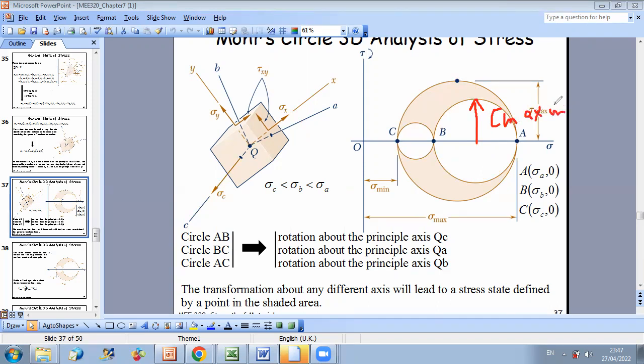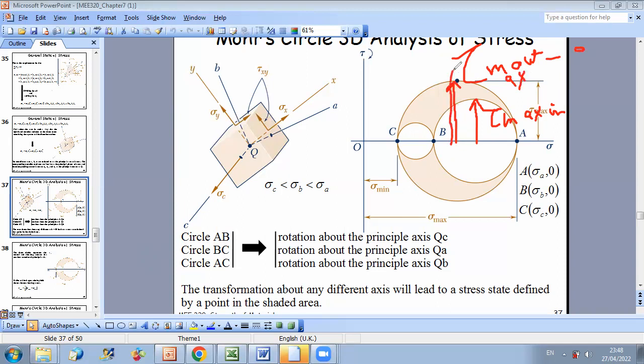But if I ask you what is the maximum shear stress without saying in plane, you should take the maximum stress that is possible to obtain if you rotate about any axis, and then you can say here that the maximum tau max out of plane, it's not in plane AB. Here the maximum stress is in plane AC. So I can say that tau max out of plane corresponds to the radius of circle AC.